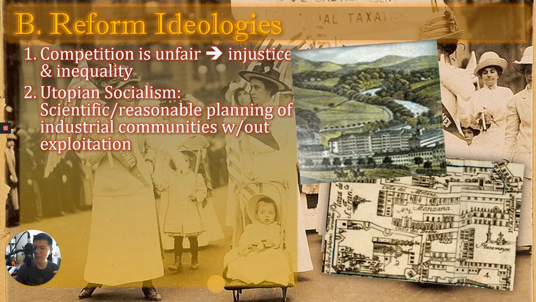of using logic and reason and science. So, in other words, look, let's plan out our industries, not just the industry itself, but a way for workers to live communally, to be able to come together and work together, to live together without this notion of exploitation.